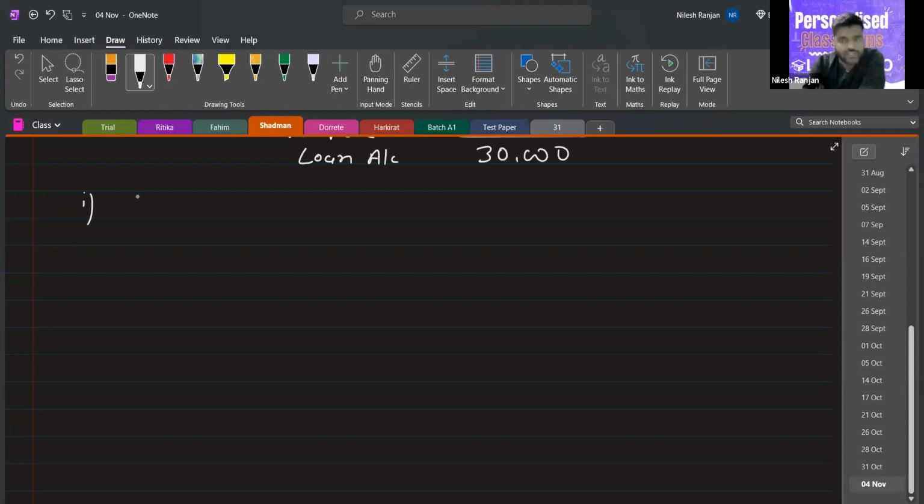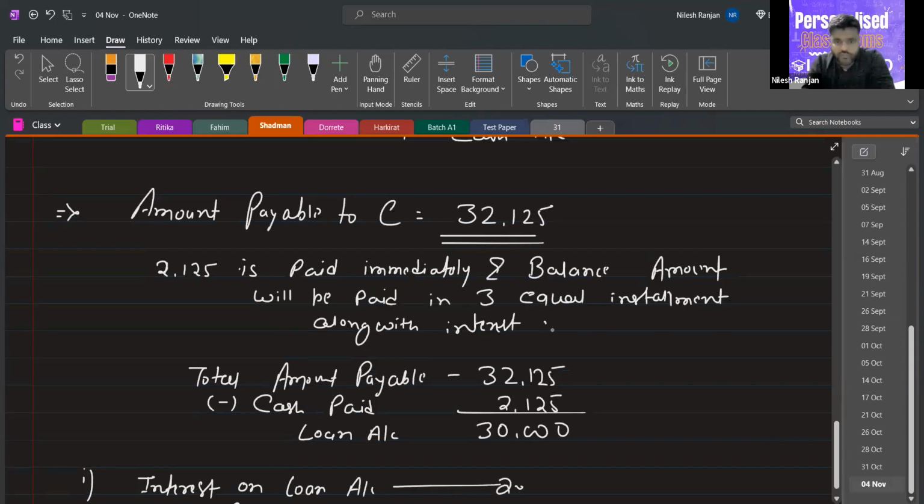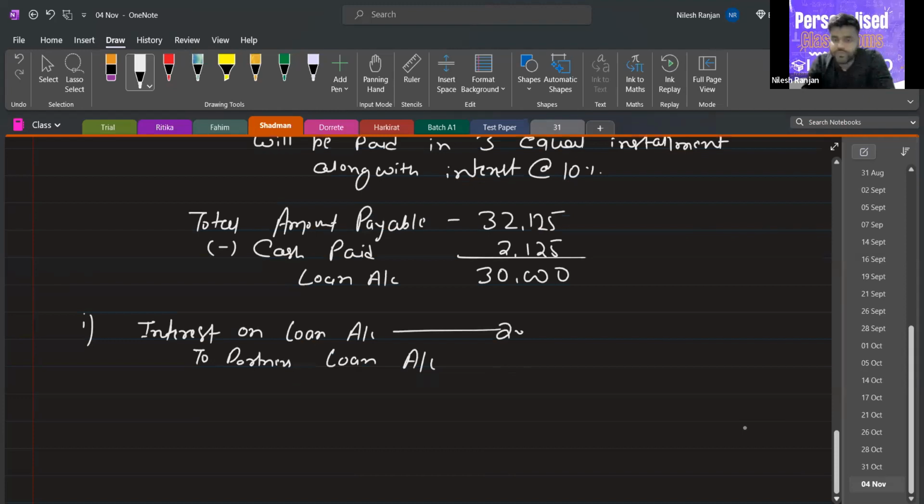The first entry, at the end of next year when the first installment is due, will be interest on partners loan account debit to partners loan account. In the first year, the interest will be 30,000 into the rate, which I have not written, let's take 10%. So 30,000 into 10% will be 3,000.